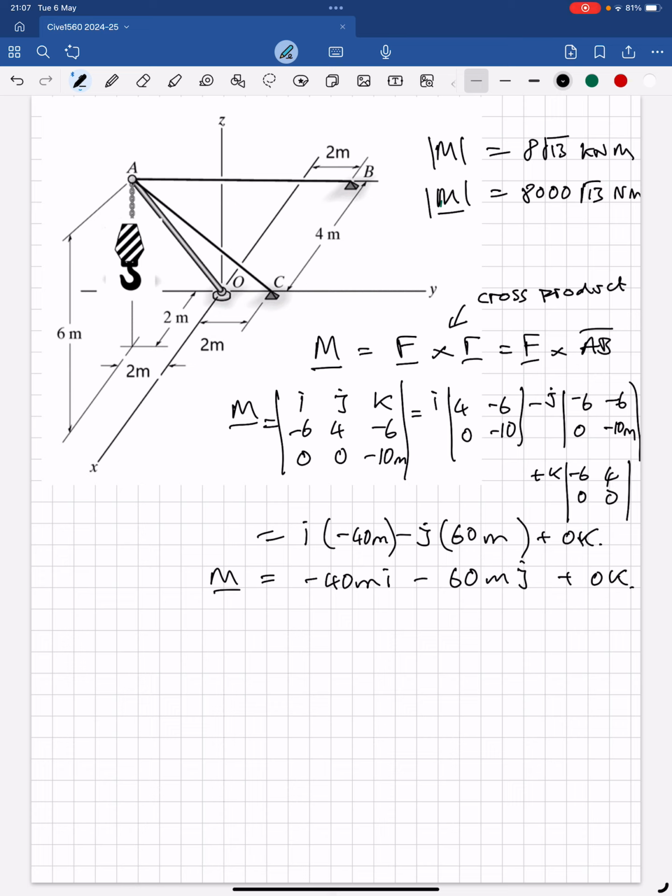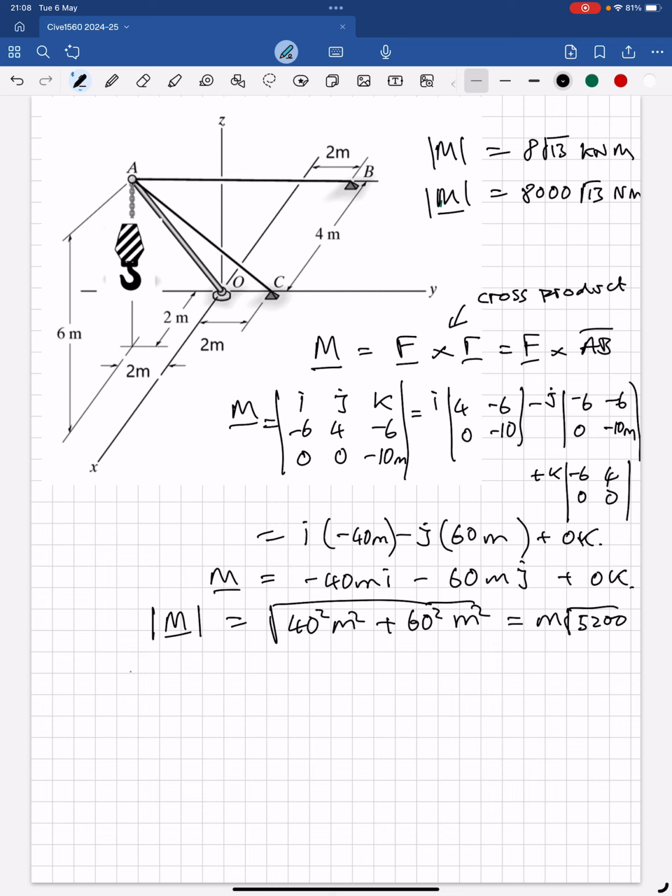Okay, so what have we got there? We've got the moment M. We can calculate the magnitude of this moment, which is the square root of 40 squared m squared plus 60 squared m squared. If you expand that, we will see that this is equal to m root 5,200.